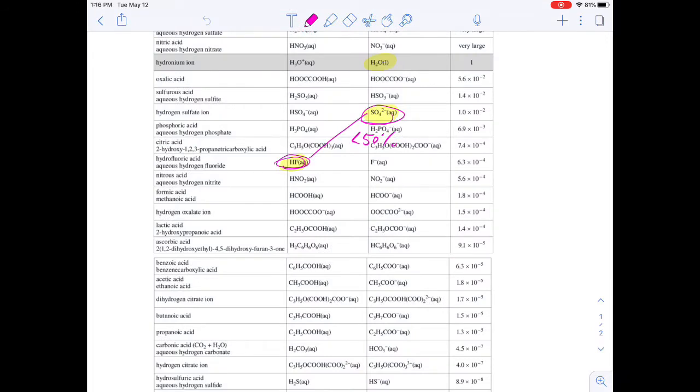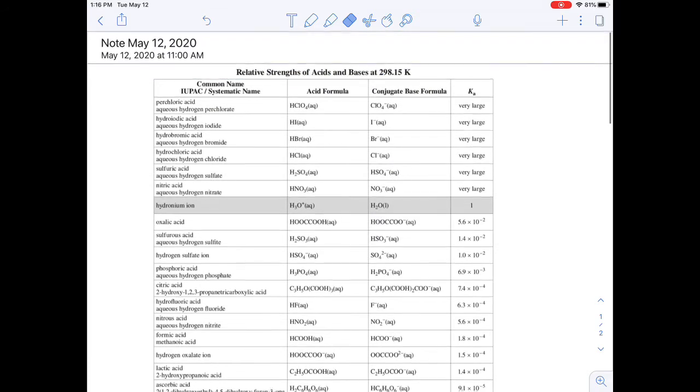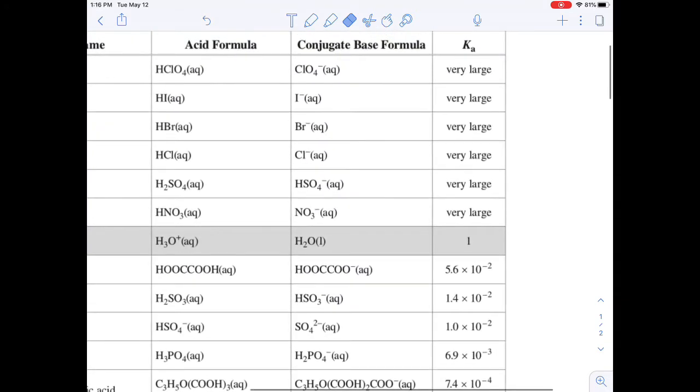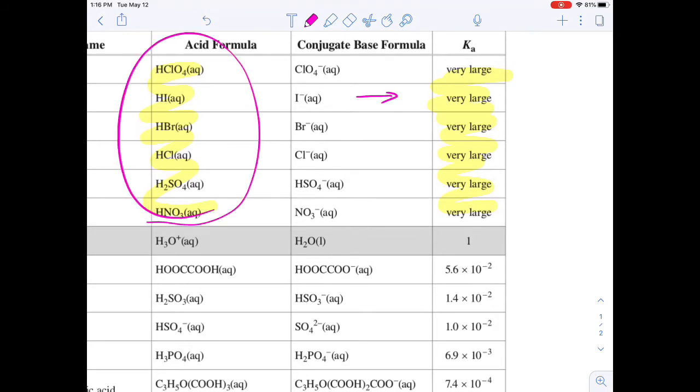When we're looking in the data booklet, we're going to see that the 6 strong acids are all listed with very large Kas. That's because the equilibrium is quantitative, approaching 0% of the acid actually remaining as that molecule at equilibrium.